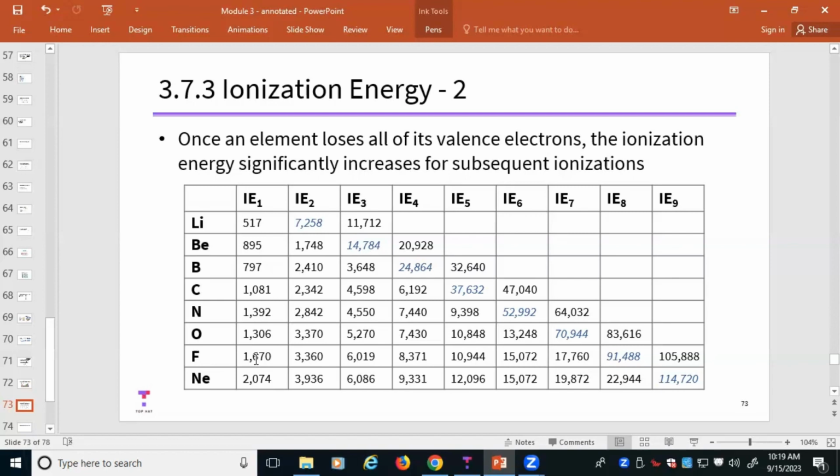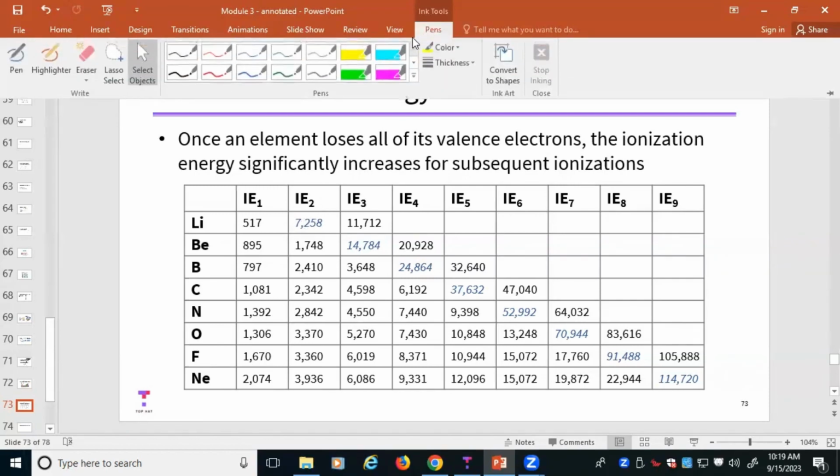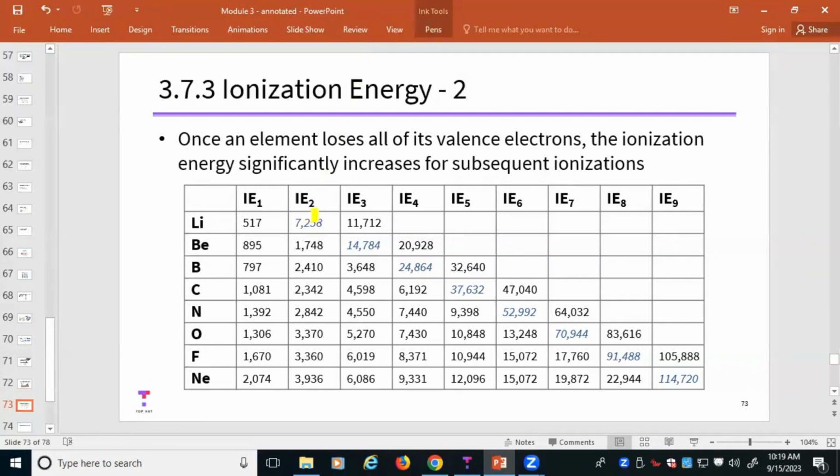The other trend that we want to notice is that when we get to a noble gas configuration, there is a noticeable jump in energy to remove that next electron.